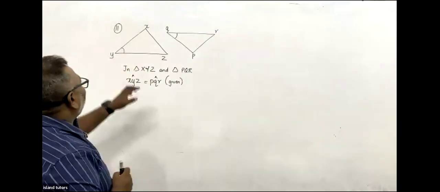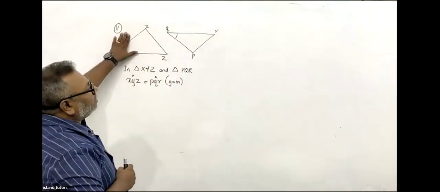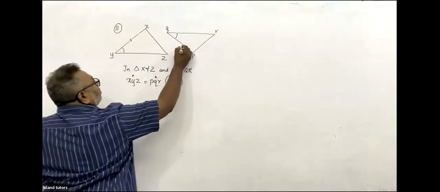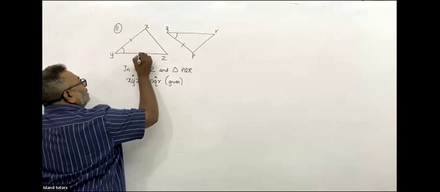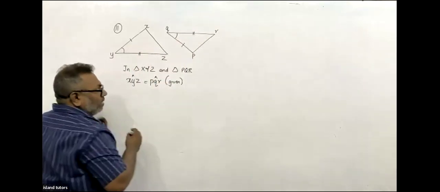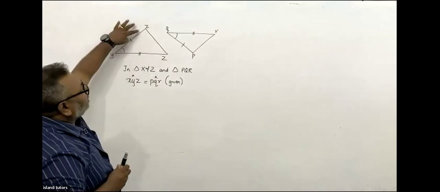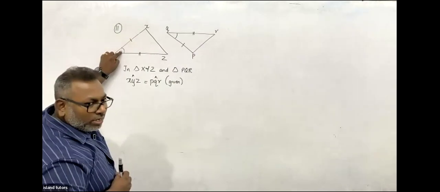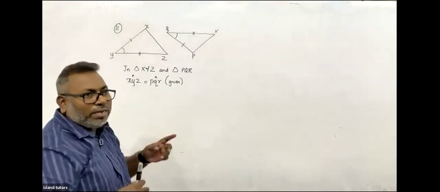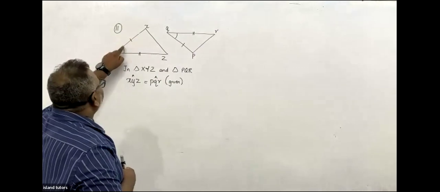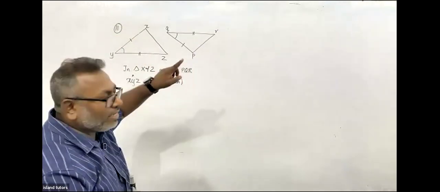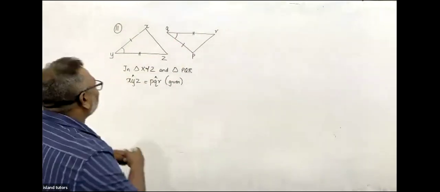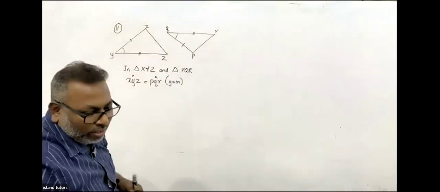Then, if we take this side and this side as equal, and if we take this side and this side as equal, then this angle becomes an included angle, and then it becomes the side angle side case. We want a side angle side case. So what are the two elements that you need to prove to be equal?